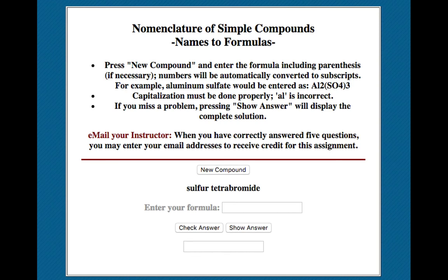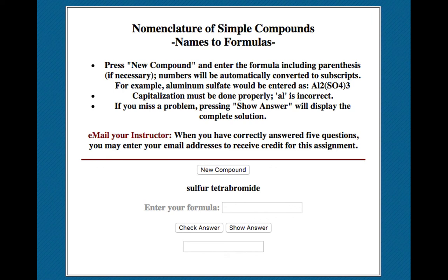There's also a thing called name to formula. Now this is going to be a mix of molecular and ionic. Our first one here, an example, sulfur tetrabromide. Now you obviously can't use superscripts and subscripts, so you just have to write it out like this.